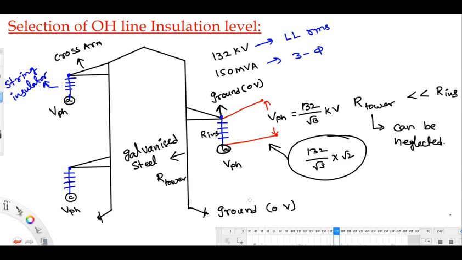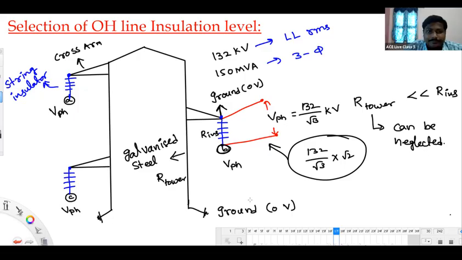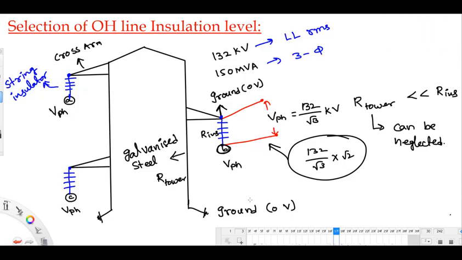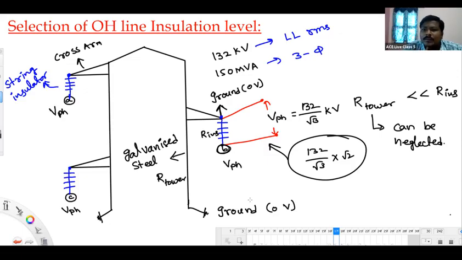Sir, another question: when a lightning stroke attacks a conductor, current flows. So that's why the conductor will be damaged, sir.